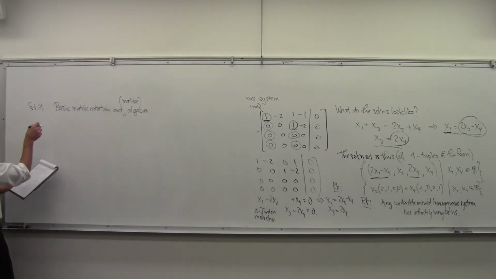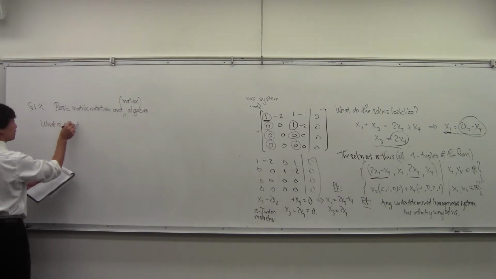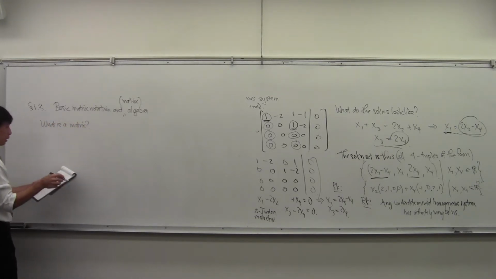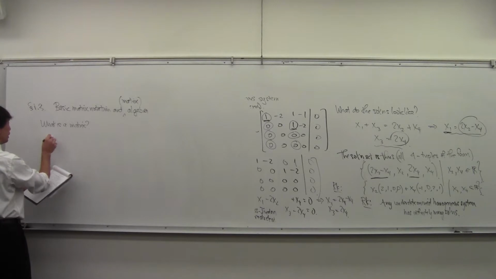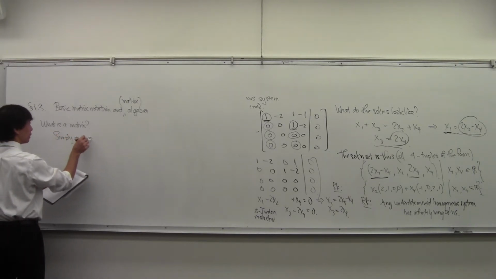Okay, so what's a matrix? Let's start off. What is a matrix? It's just an array of numbers.